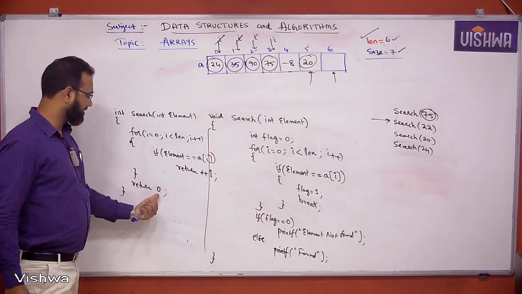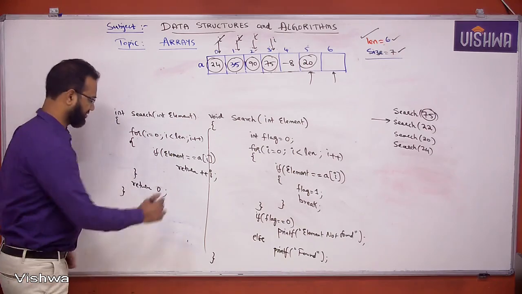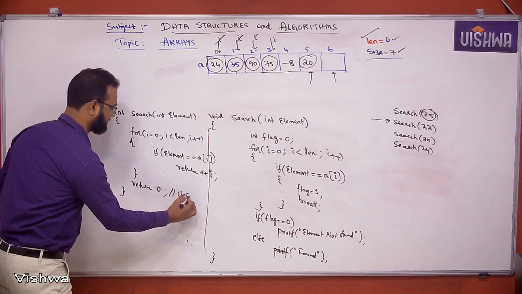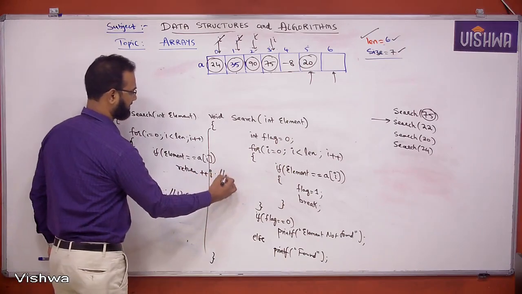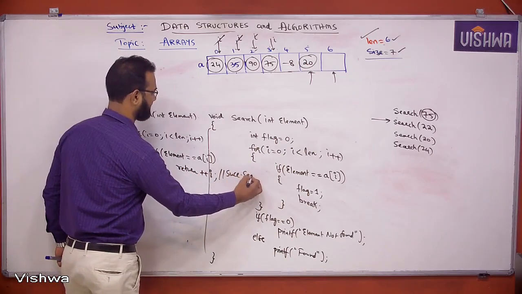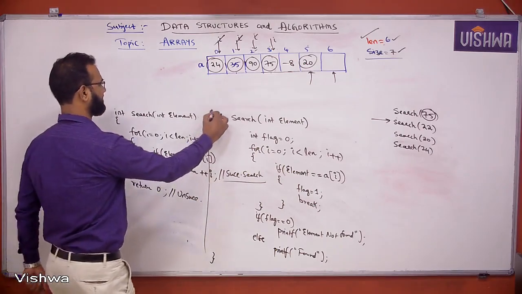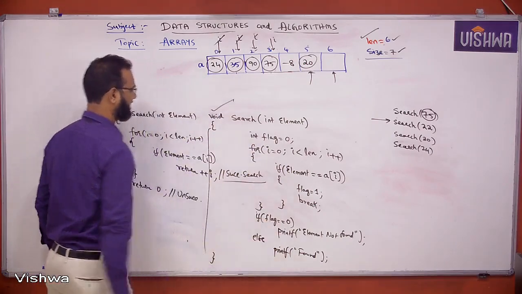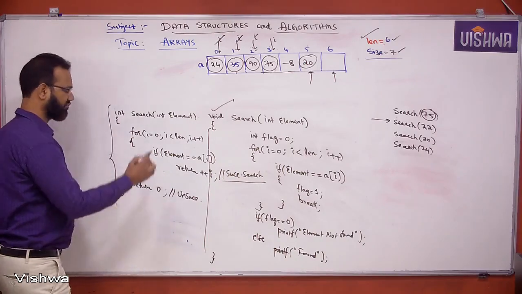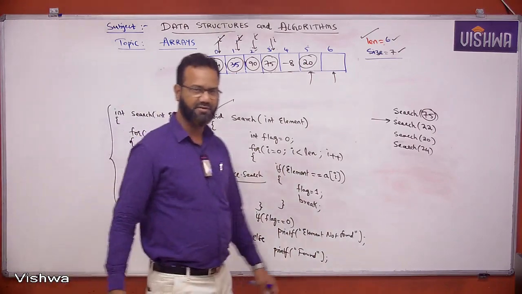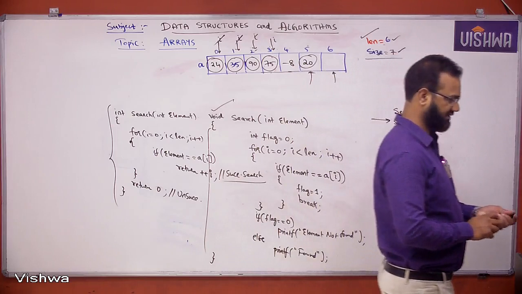But 0 returned means unsuccessful search. This return is for unsuccessful search and this return is for successful search. Anyone you can implement, either this version using flag status or using the position also we can implement it. Hope the concept of search is clear.